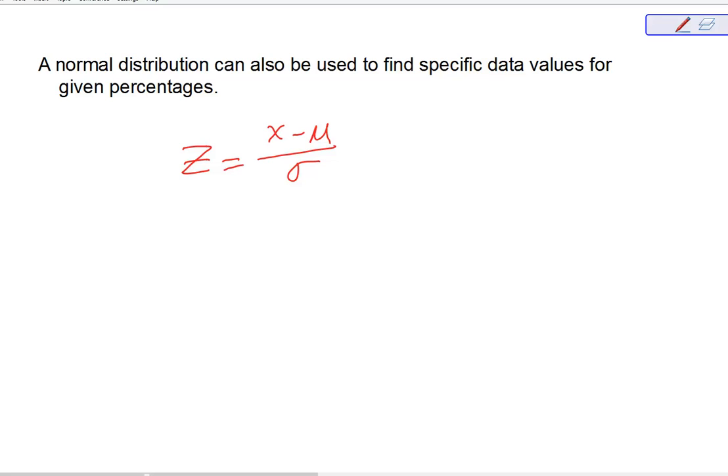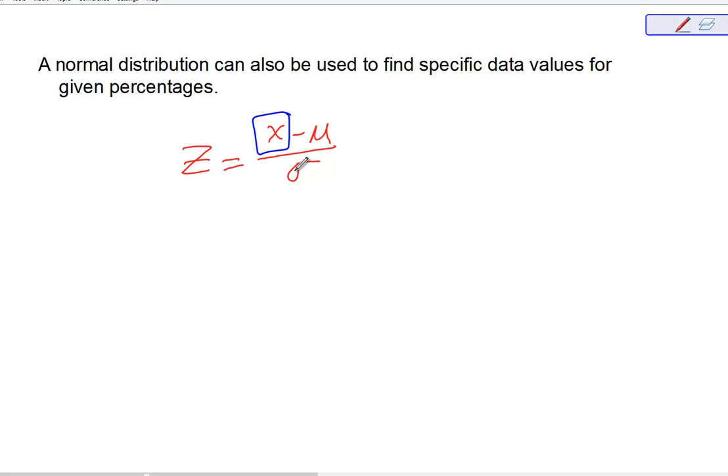Well, what if I want to solve this for x? I can do a little bit of algebra here. I know this is not an algebra class, but we can manipulate this, and I can solve this formula so that I can solve for x. The first thing that I want to do is undo this division. So I want to get rid of the standard deviation in the denominator.